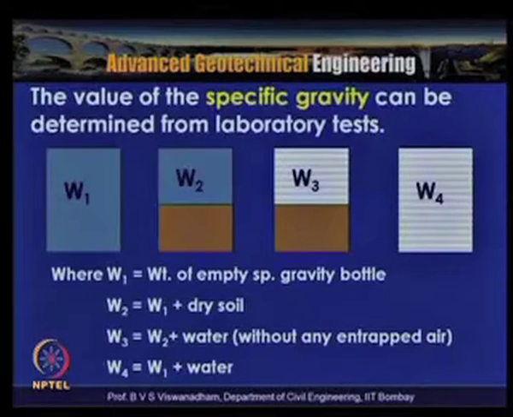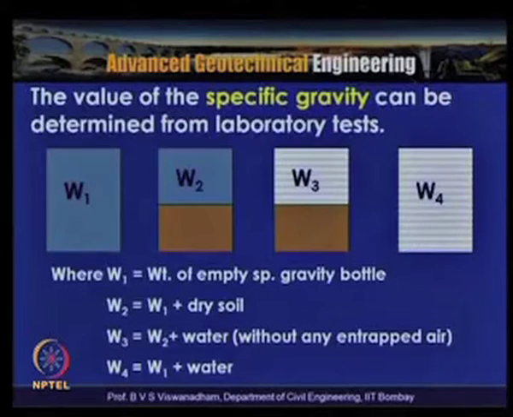Look at the simple illustration shown in this slide. Say the material under consideration is filled in a specific gravity bottle. Take the weight of the empty specific gravity bottle and indicate that weight as W1. Then take the desired soil in dry, air cooled state, and W2 is equal to W1, the empty bottle, plus the dry soil.